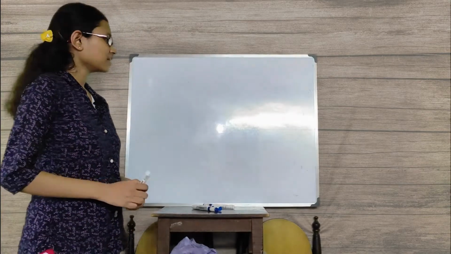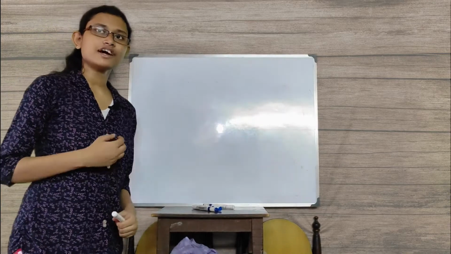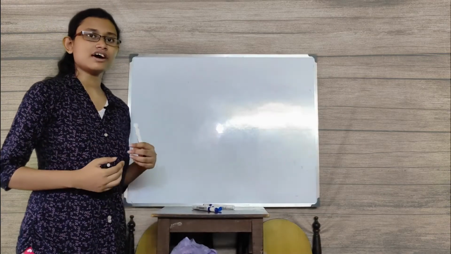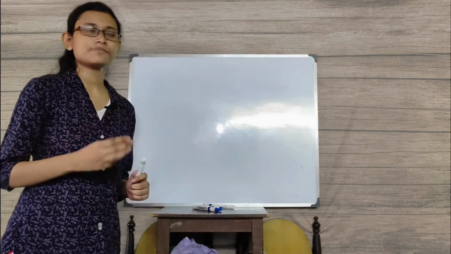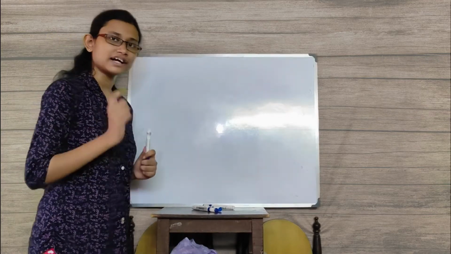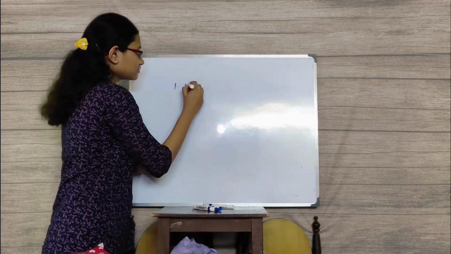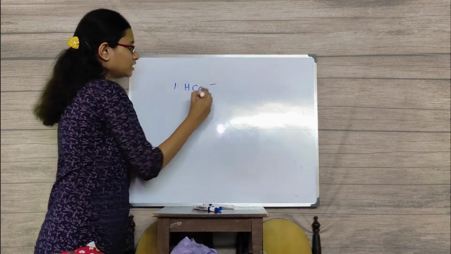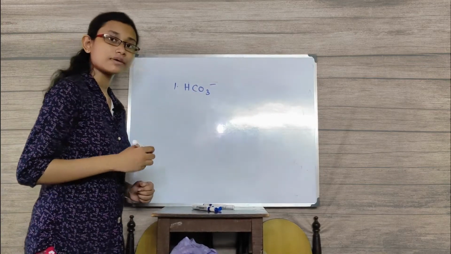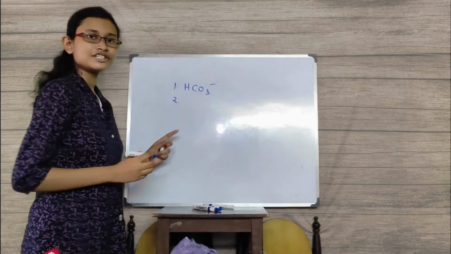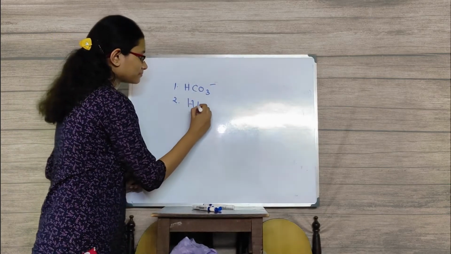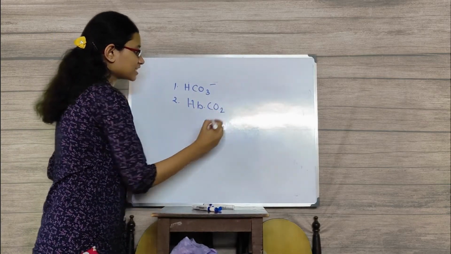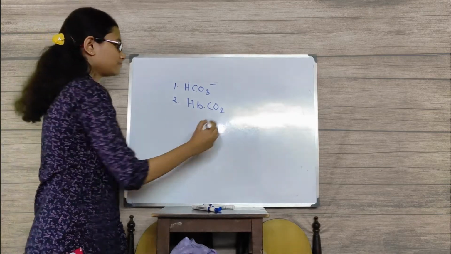So as you all know, carbon dioxide is transported in our body via three major ways. Number one, in the form of bicarbonate ion. Number two, in the form of carbaminohemoglobin. Make sure you don't write carboxyhemoglobin. It's carbaminohemoglobin.